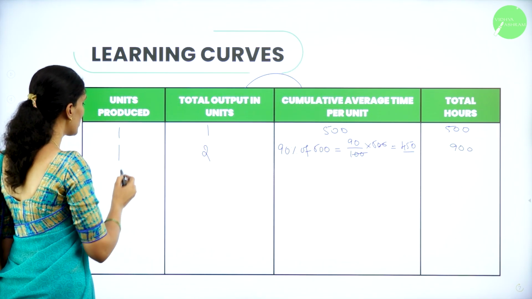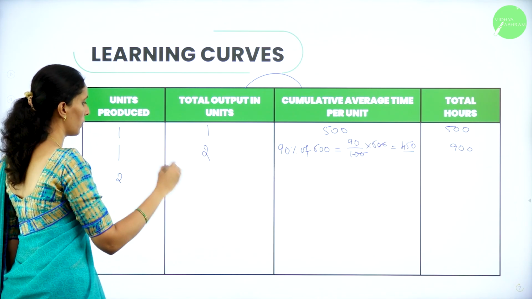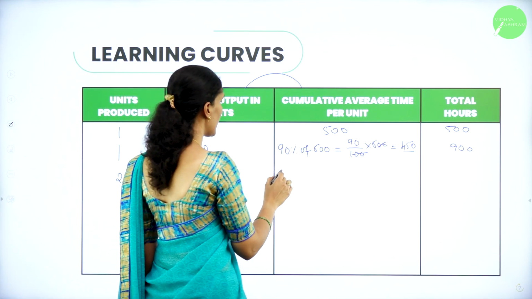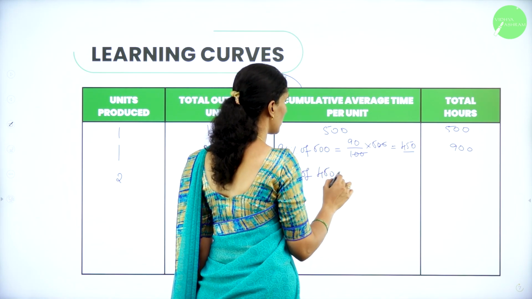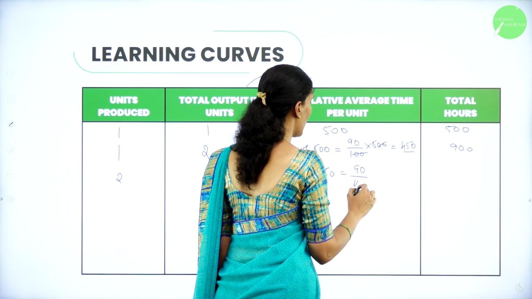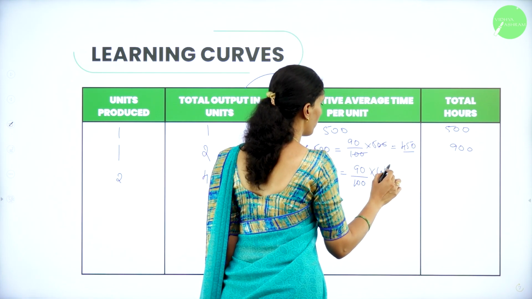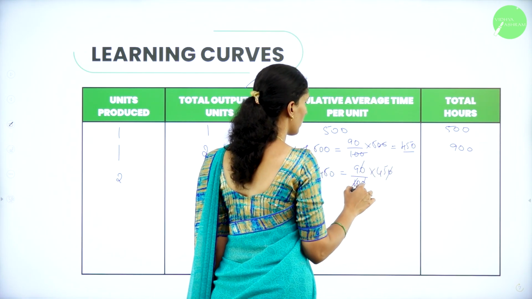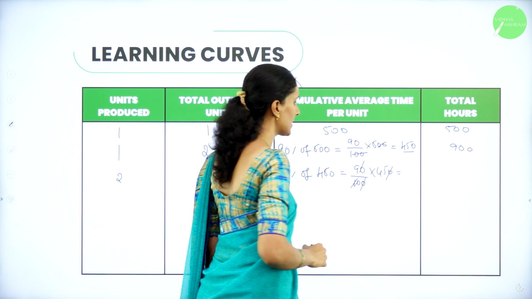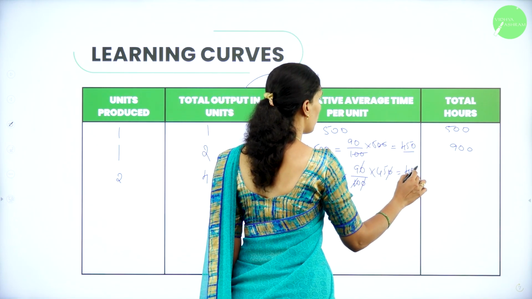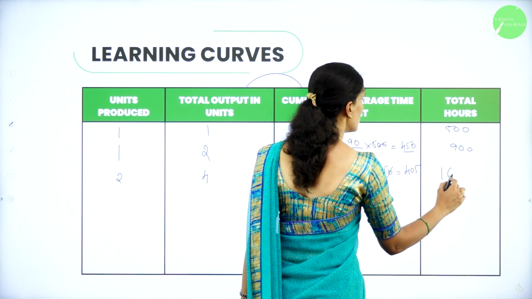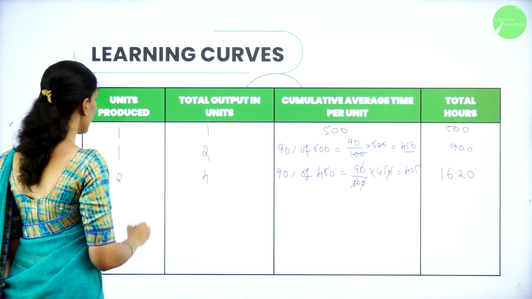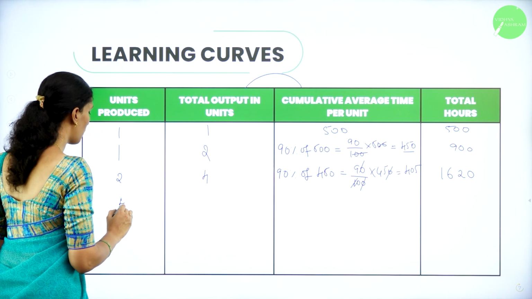Next, units produced is 2, total output is 4, and here it is again 90% of 450. So 90 by 100 into 450. The zeros cancel. 45 nines are. So this is equal to 405. Now 405 into 4, 1620. Next, units produced is 4.